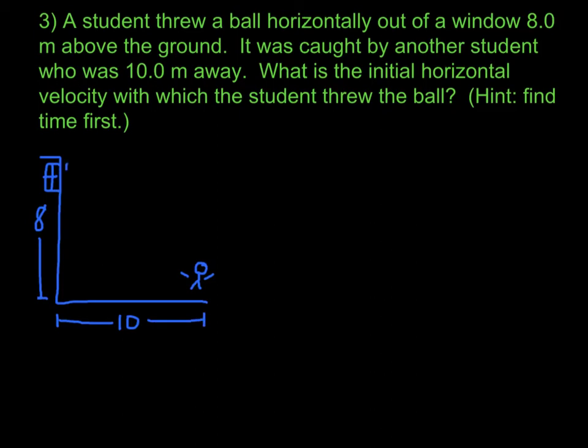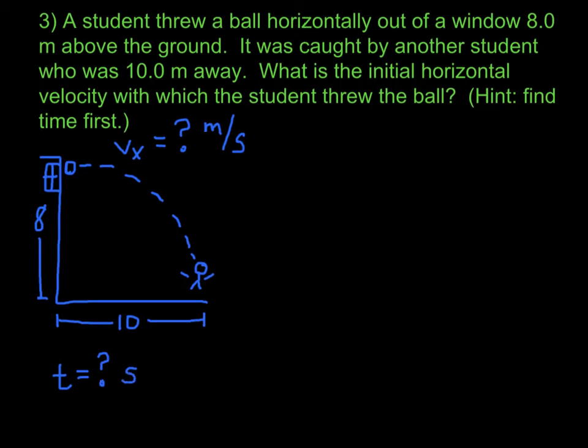I know that there is a ball getting thrown out the window, and the student, who is 10 meters away, is going to catch it. I'm looking for, eventually, the initial horizontal velocity that the ball had when it exited the window. And my hint says that I should find time first.